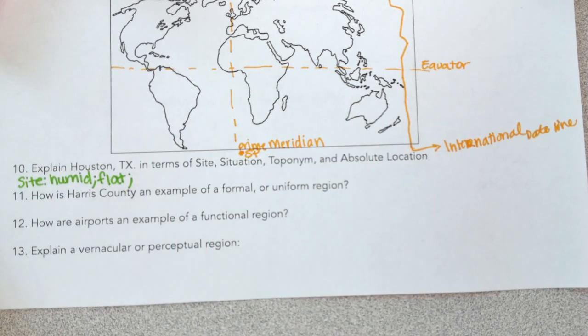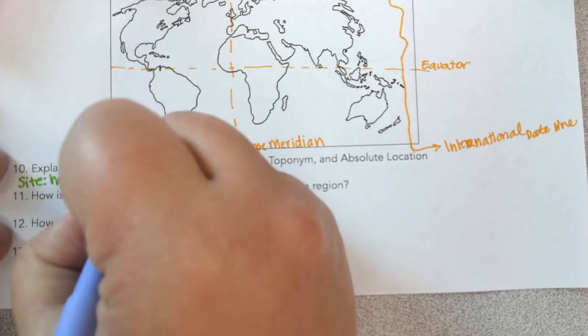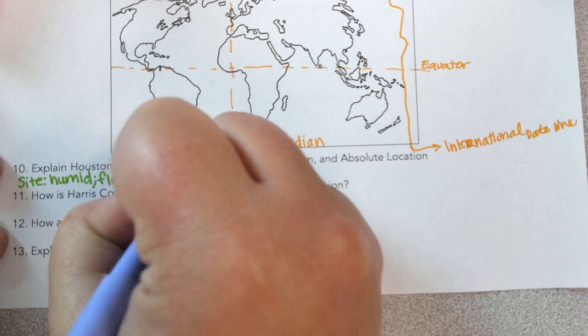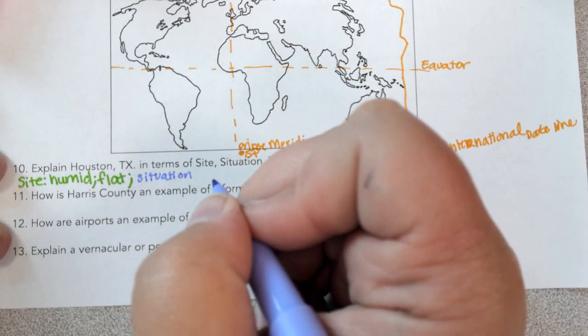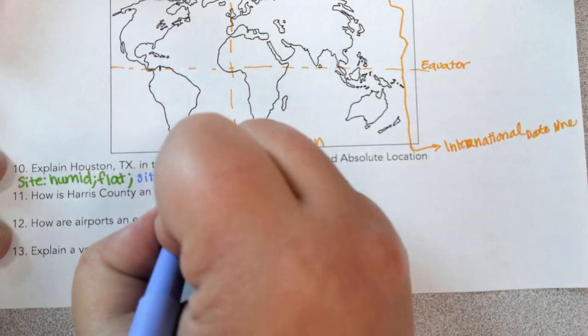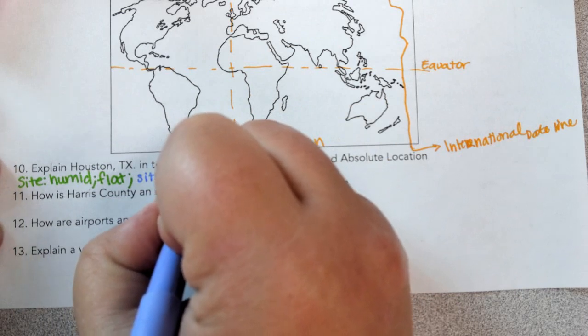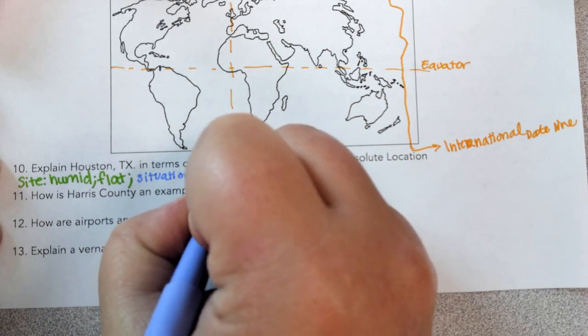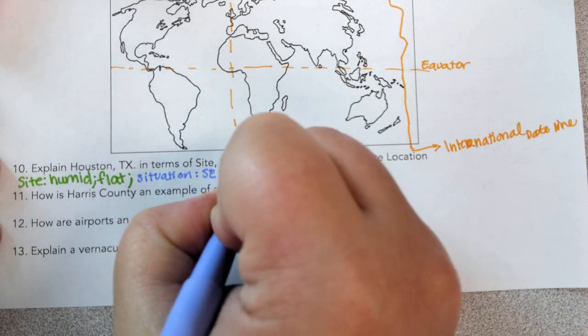And the next thing we're going to look at is our situation. How are we relative to other places? We are in the southeast part of Texas. We're in southeast Texas.